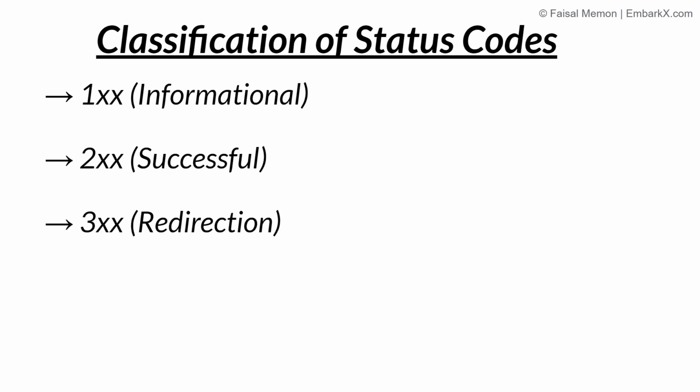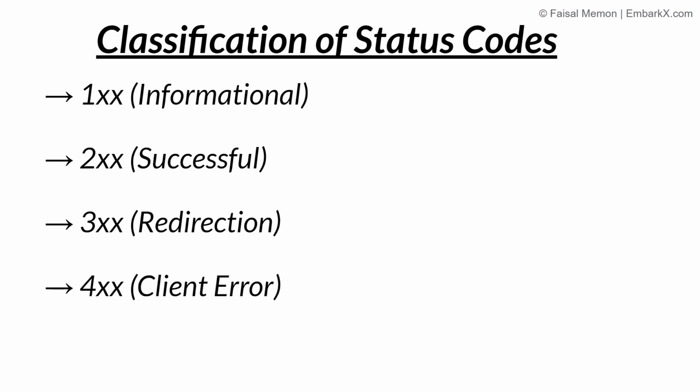Then you have 3XX, and this indicates redirection. Now, this will tell you that further action must be taken in order for the request that you have sent to complete. So if there are redirects, like 301 is the code to redirect, you will receive a response starting with 3.